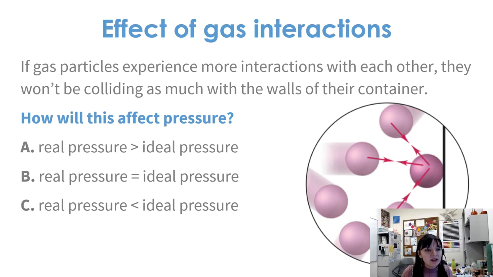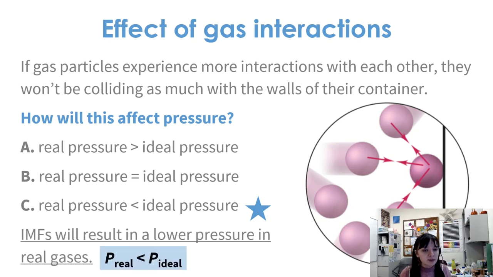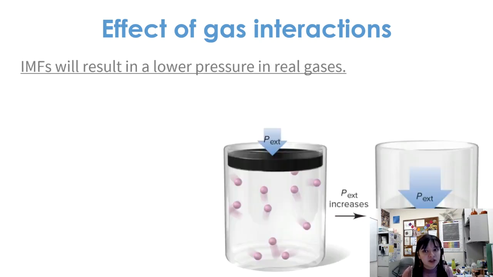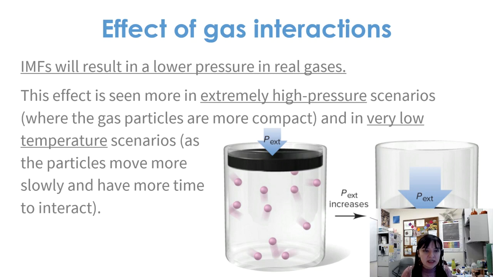So that's to say that the pressure of a real gas is going to be less than the pressure of an ideal gas. And so this presence of intermolecular forces results in a lower real pressure than what we'd see in our ideal gas law. Now, this effect is much more exaggerated in high pressure scenarios, where your particles are much closer together, so they have more opportunities to attract and pull away from each other.